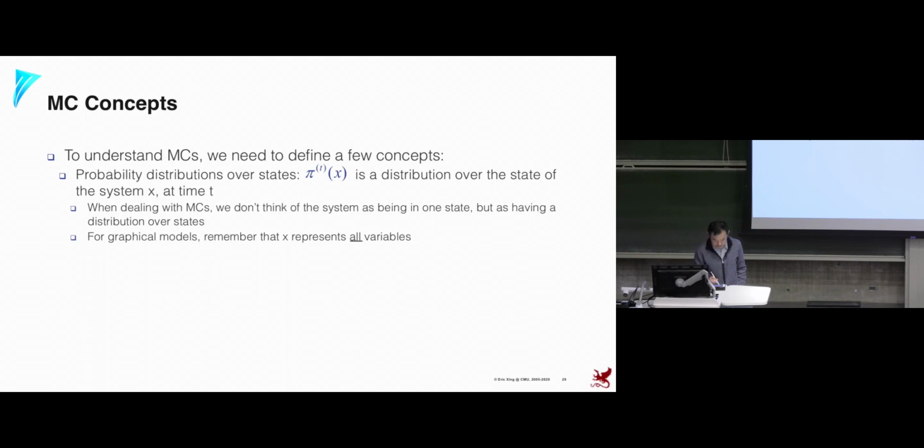We need to define a distribution over states at time t. Because now at every time point, we are not just worried about the correctness of that sample; we're concerned about whether that sample is coming from the correct distribution.